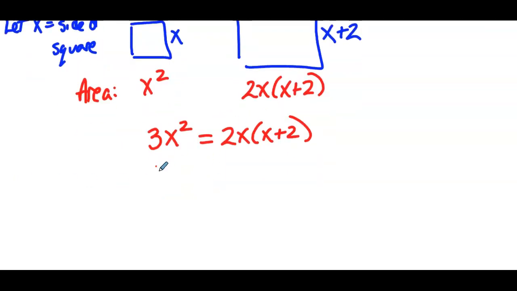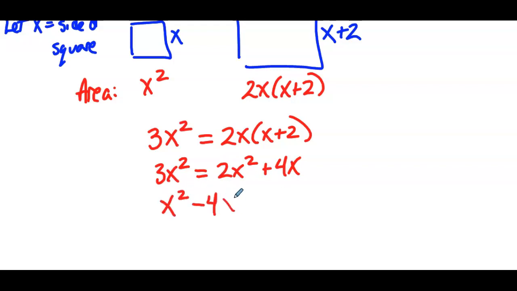So we can distribute the 2x, so we'd have 3x squared equals 2x squared plus 4x. Now it's quadratic, so all terms need to be on one side, so it's equal to 0. So we'll subtract 2x squared, we have x squared. Subtract 4x, so minus 4x equals 0.